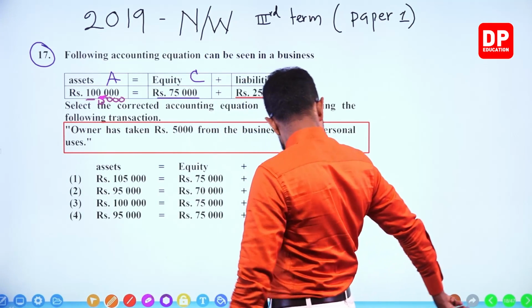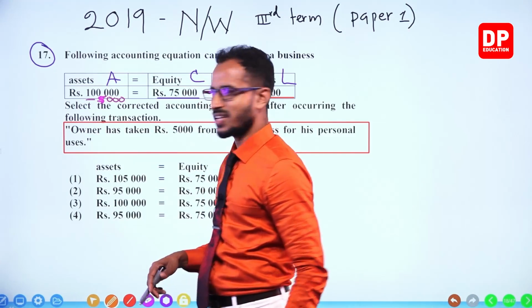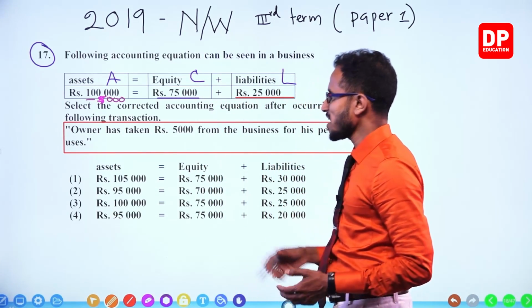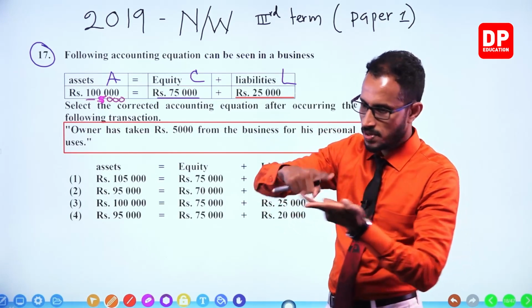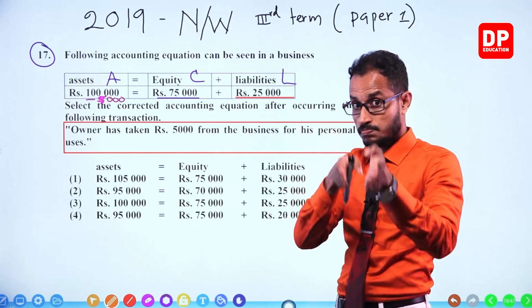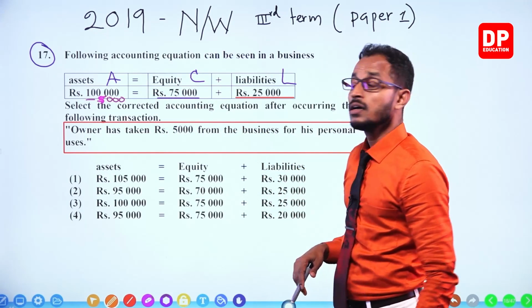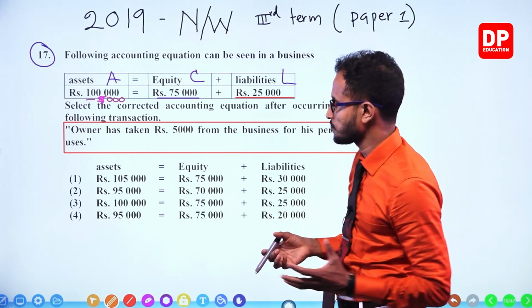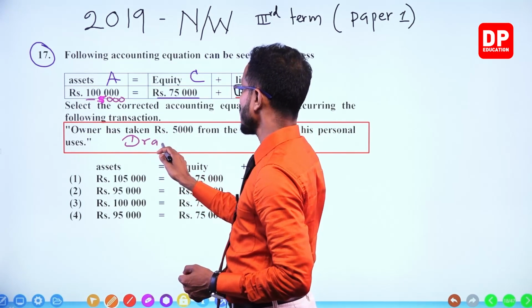Don't you get it? It's simple. Cash has been taken by the owner for his personal use, so cash decreases under assets. At the same time, this transaction is called a drawing.